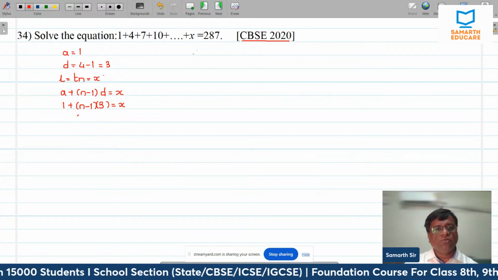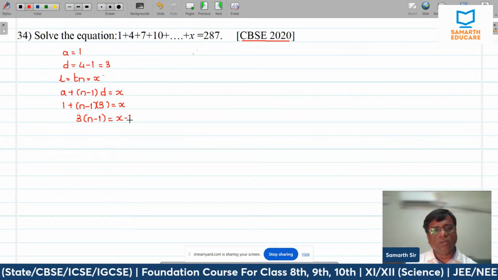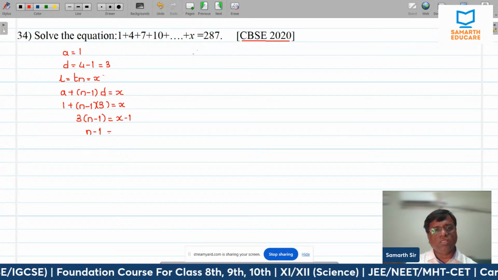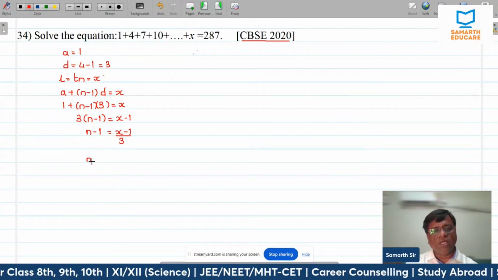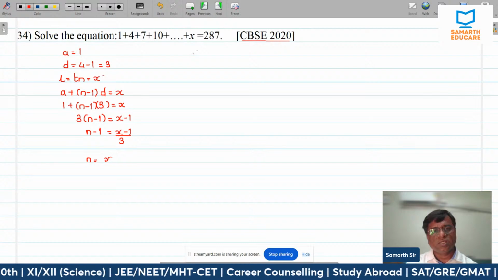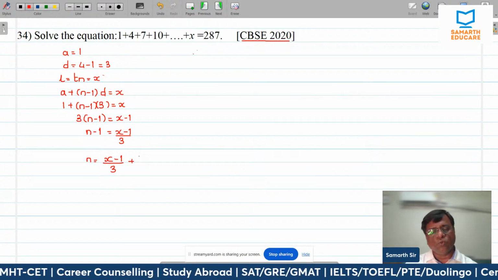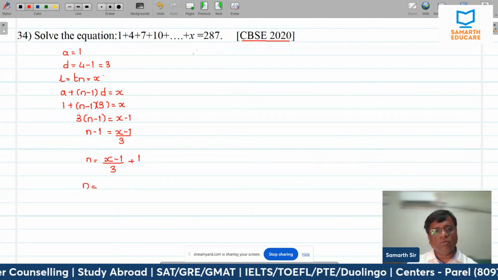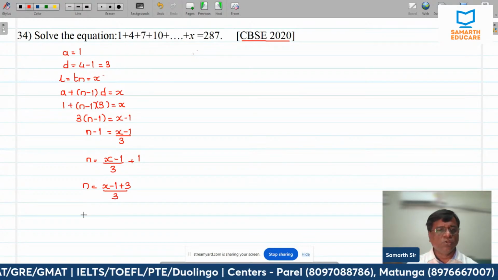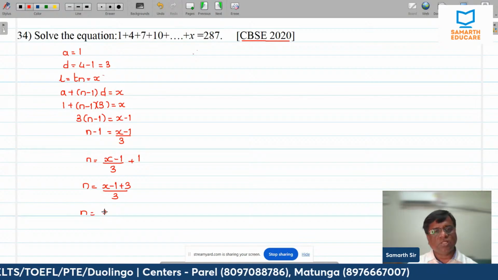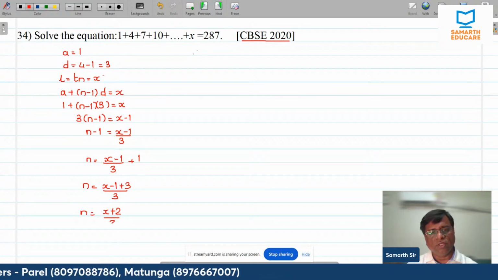So we have 3 into (n minus 1) is equal to x minus 1. So n minus 1 is equal to (x minus 1) upon 3. And we have n is equal to (x minus 1) upon 3, plus 1. So n is equal to (x minus 1 plus 3) upon 3. So the value of n is (x plus 2) divided by 3, since 3 minus 1 is 2, right?